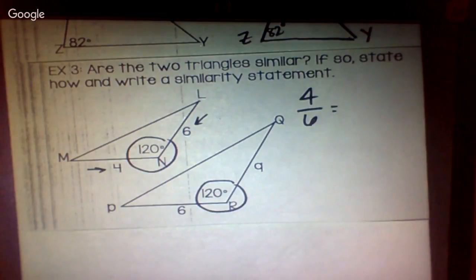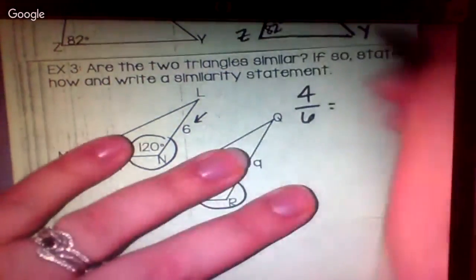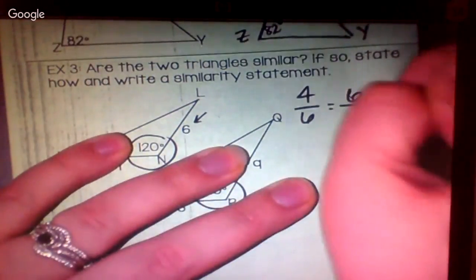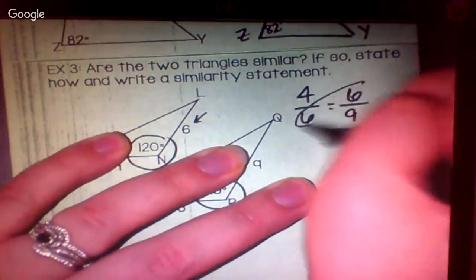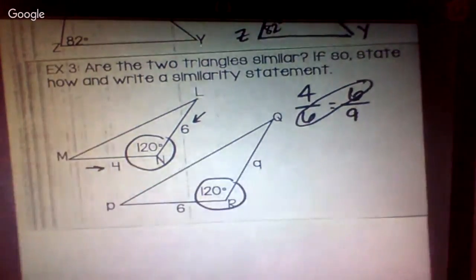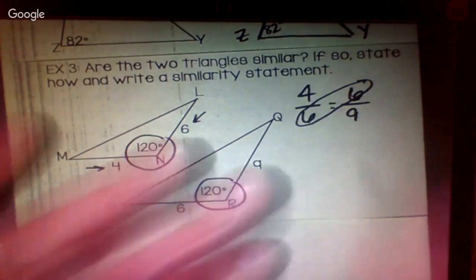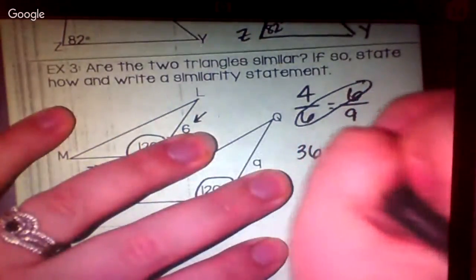Once you set that up, butterfly it and see if it works. So if I put the 6 on the top and the 9 on the bottom, when I butterfly, that gives me 6 times 6, which is what, Mr. Watkins? 36.